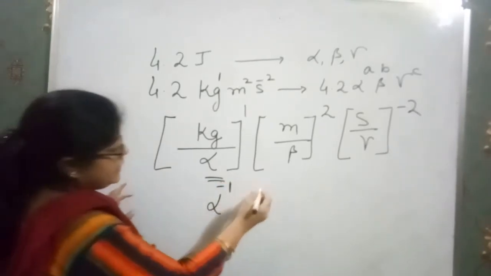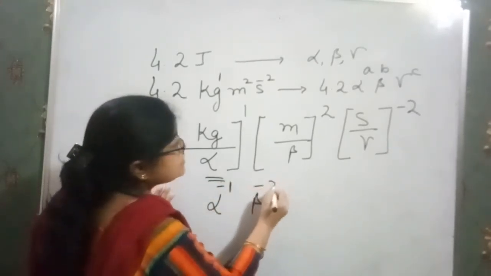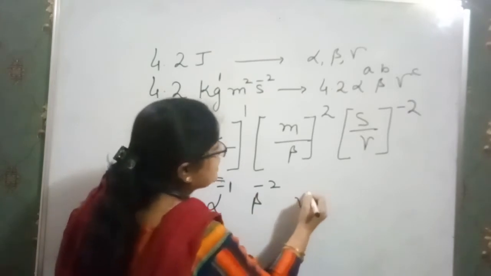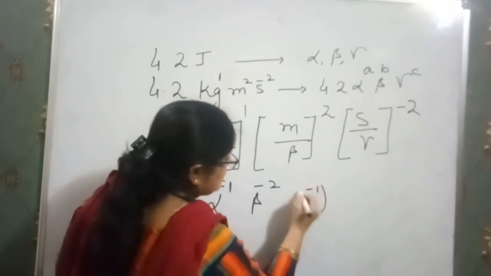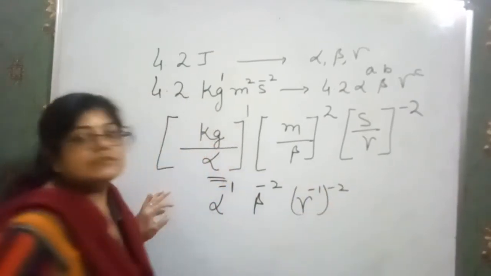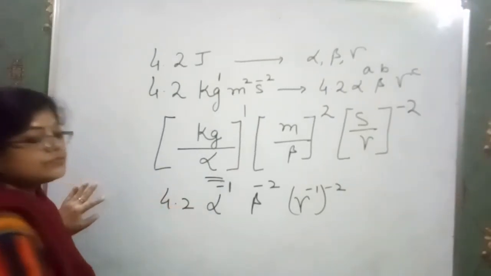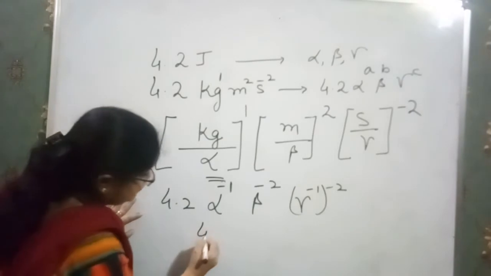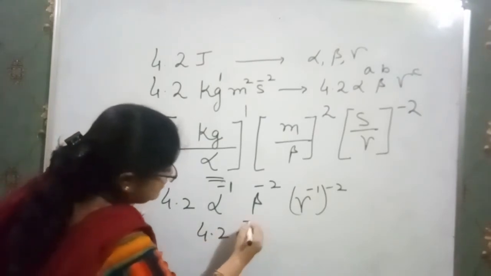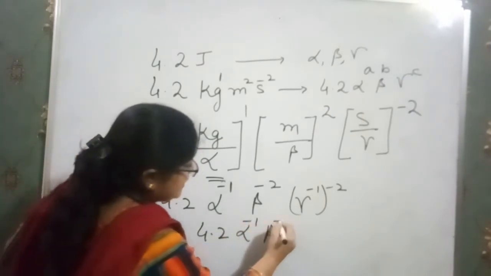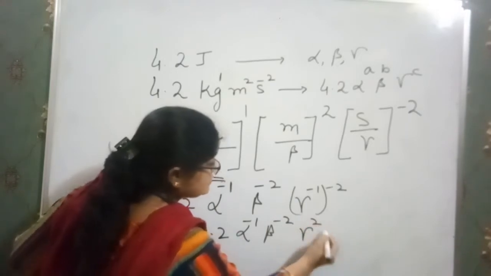Here we have beta^-2. And here we have gamma^(-1 × -2). And 4.2 as it is. So it becomes 4.2 alpha^-1 beta^-2 gamma^+2. So this is our answer.